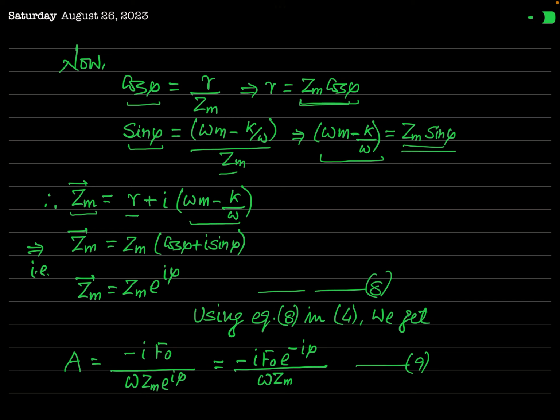So mod Zm is a common factor, and you can write this vector Zm is equal to modulus of Zm times cos phi plus i sin phi. But you know cos phi plus i sin phi is equal to e to the power i phi. So Zm, this complex impedance, can be written as modulus of Zm times e to the power i phi. Okay.